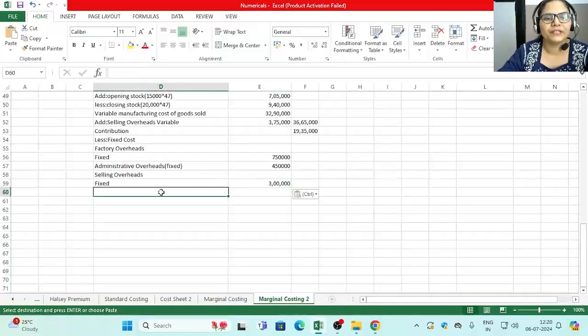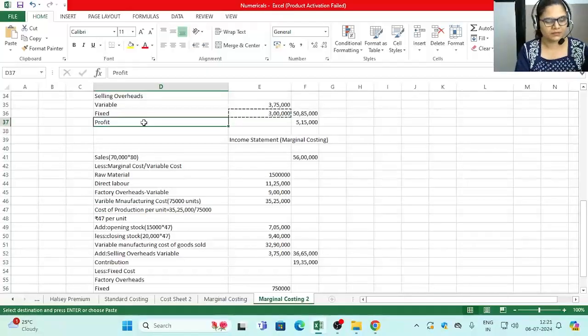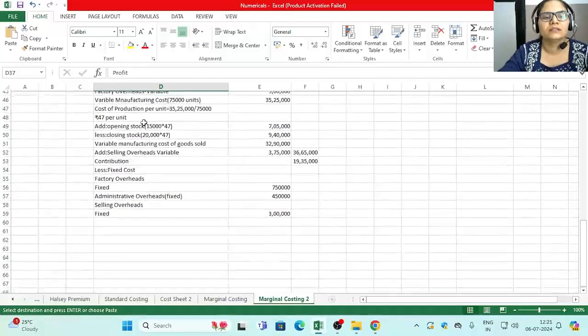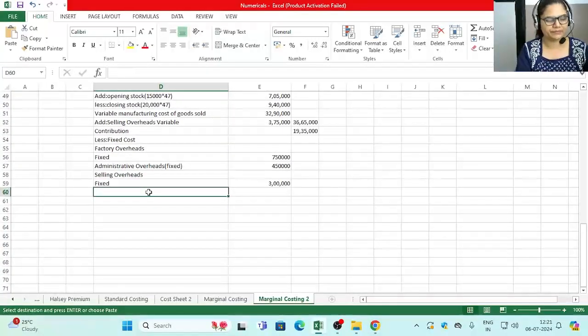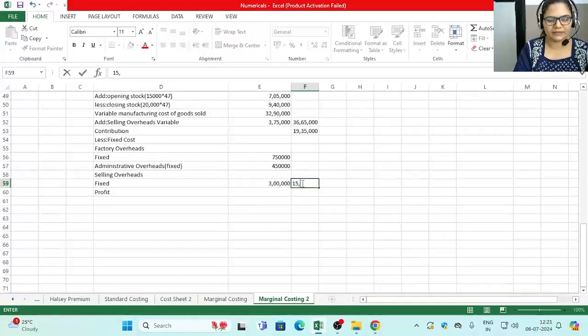Now, when we deduct the selling overheads, we will get the profit. After adjusting these values in 19 lakh 35,000, we will get a value of 15 lakh.